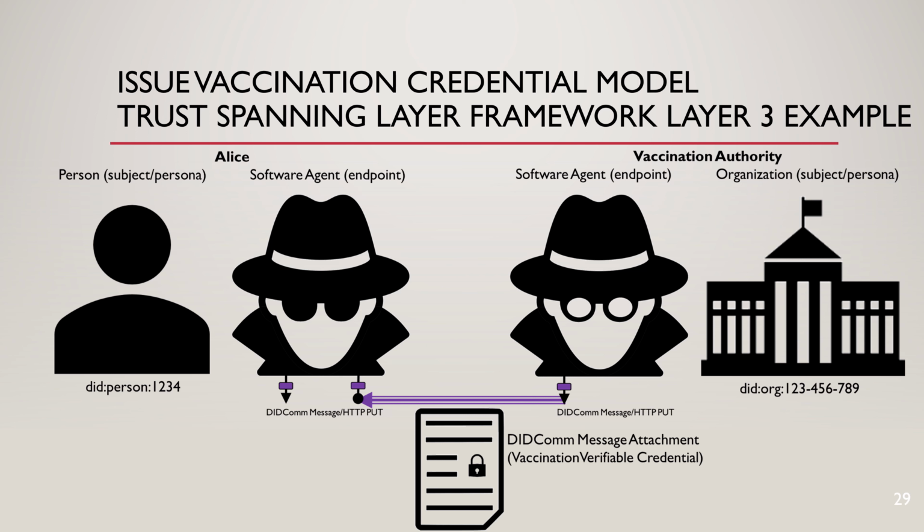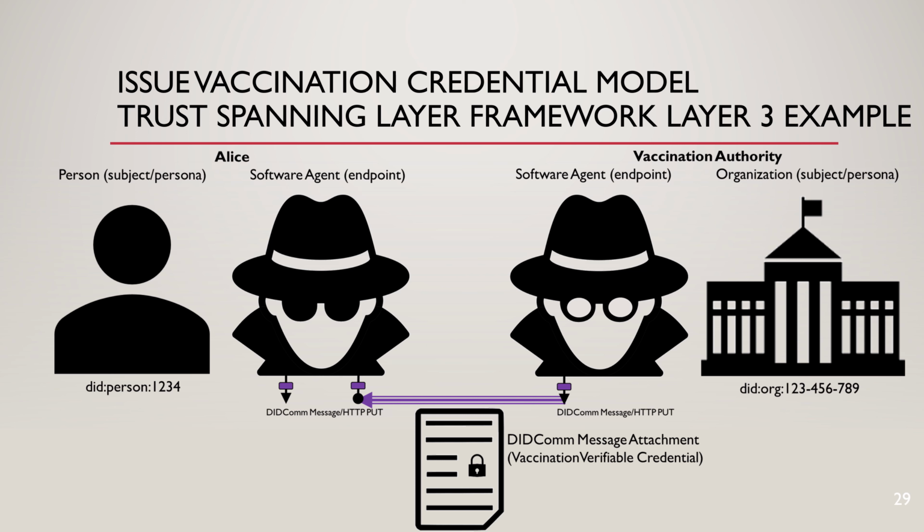Let's look at issuing a vaccination credential, and again, this is a layer 3 example. On the right, we have the vaccination authority, the health care system, or the HMO, or the government, or whoever it might be.